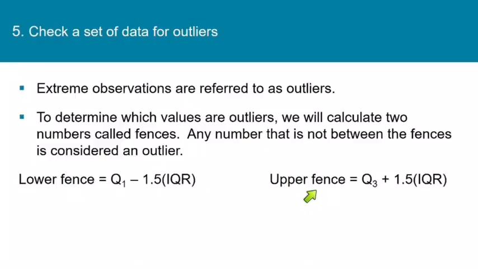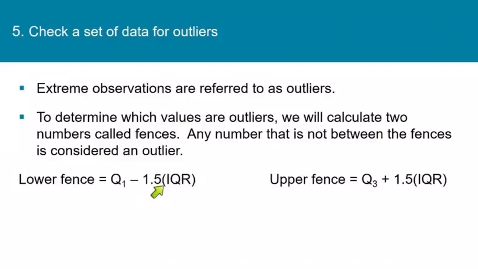And the formula for upper fence is Q3 plus 1.5 times the IQR. So if we take Q1 and subtract something from it, that's going to move the lower fence to the left of Q1. And if we take Q3 and add something to it, that's going to move the upper fence to the right of Q3. So the fences are really a little more spread out than the quartiles, and any number that's not between the fences is considered an outlier.